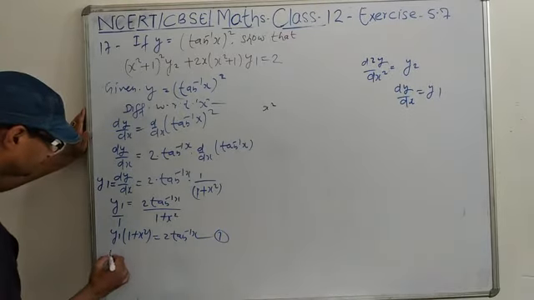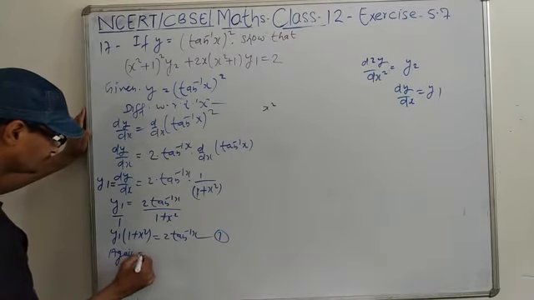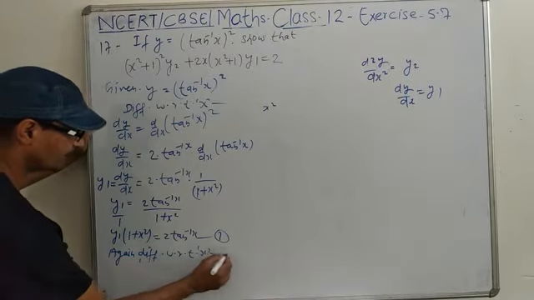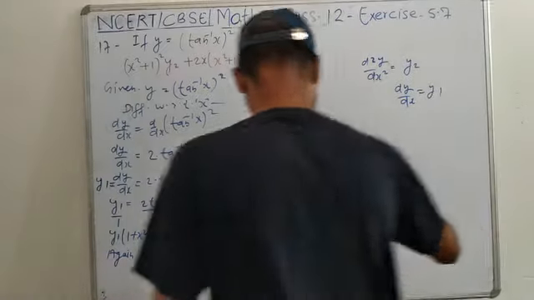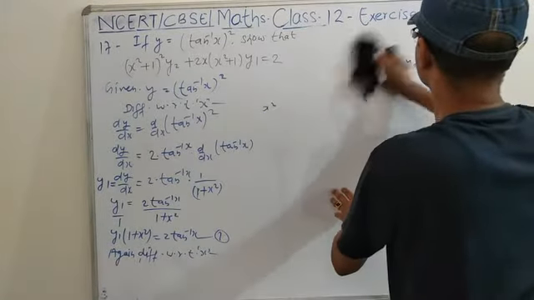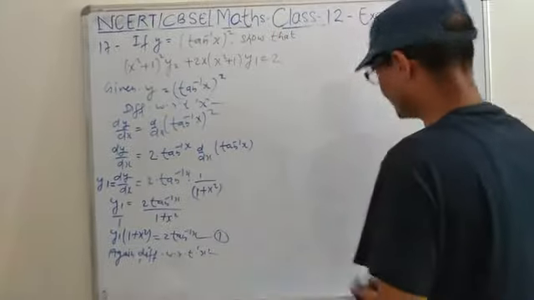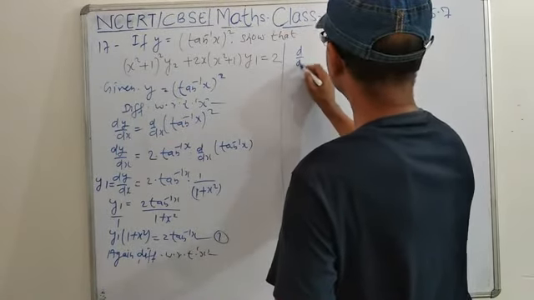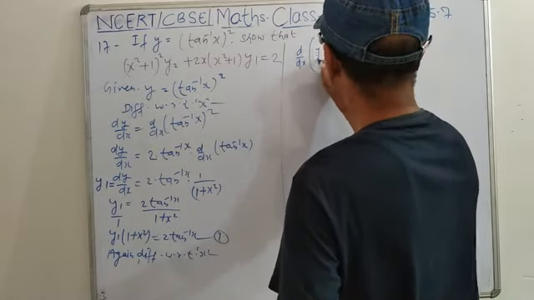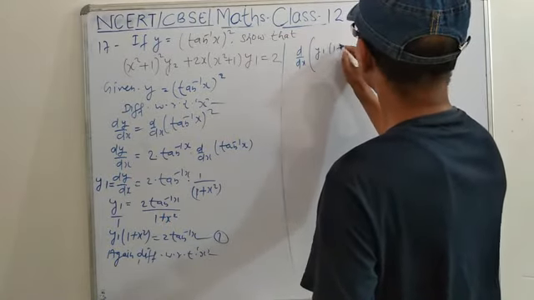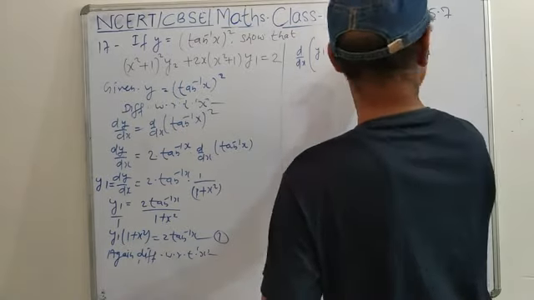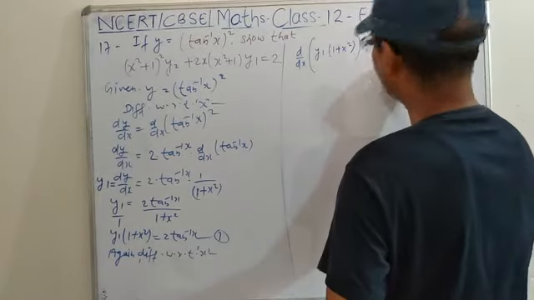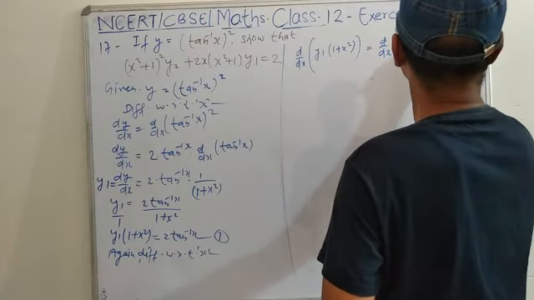Now again differentiating with respect to x. So again we differentiate this, then what will we get? d/dx of y1 into (1 plus x square), and here we will get d/dx of 2 tan inverse x.